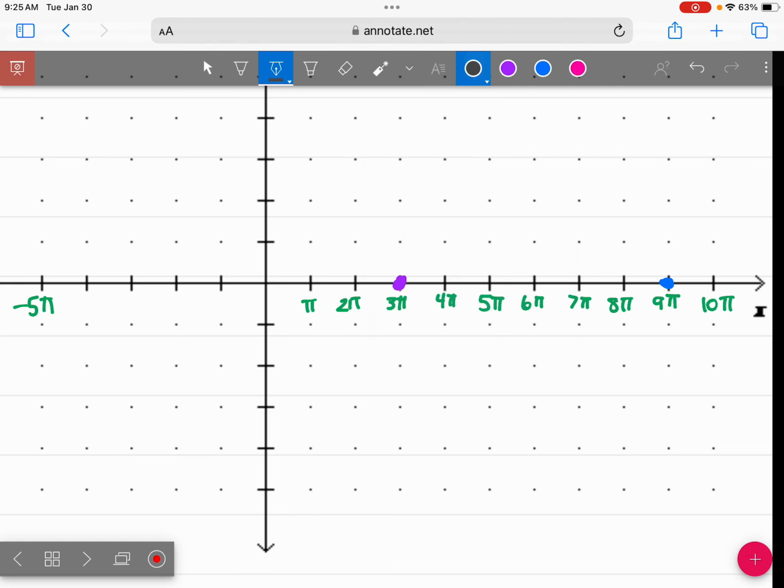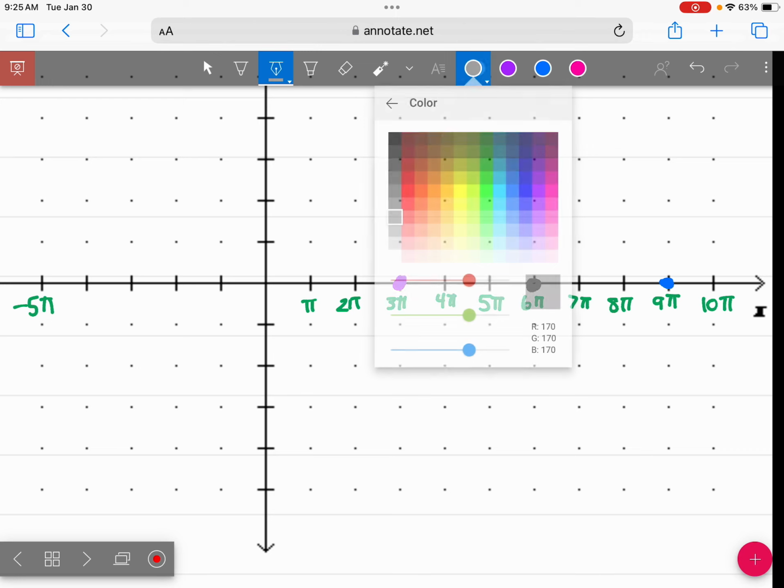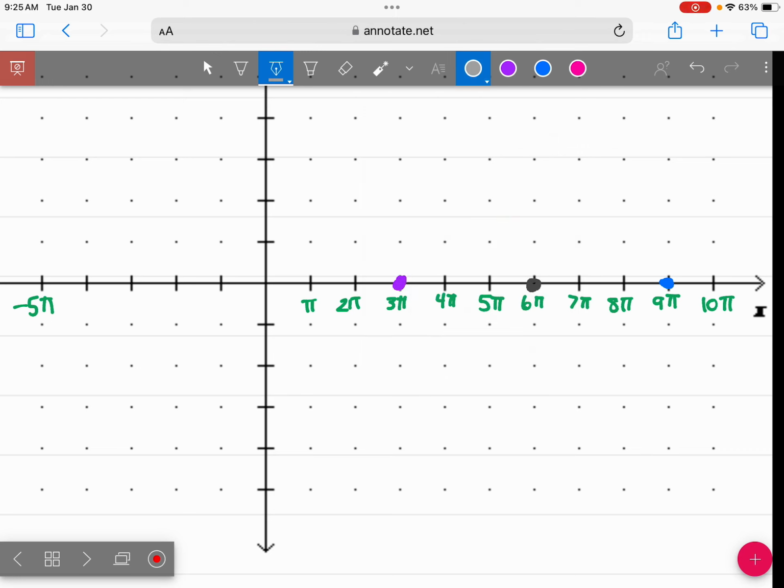Because we know that the other 0 is going to have to be between 6 and 9. And then it's going to hit our amplitude halfway between. So we're going to have a point up here and a point down here.